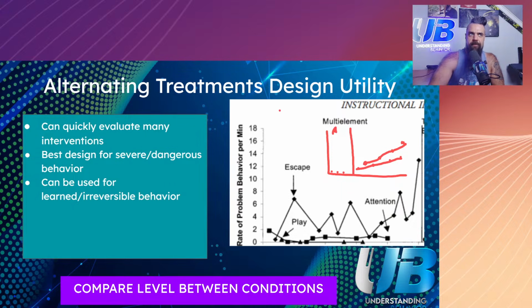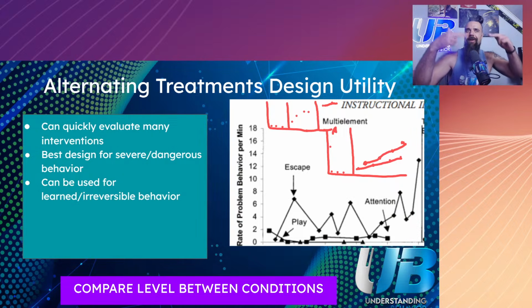That would be different from our withdrawal design, where if we want to test out two interventions, they learn it really well in the first one, and then we do another phase with a different intervention, and then they perform like this. How much of that was learned in the previous intervention versus what was caused by the last intervention? We don't really know.